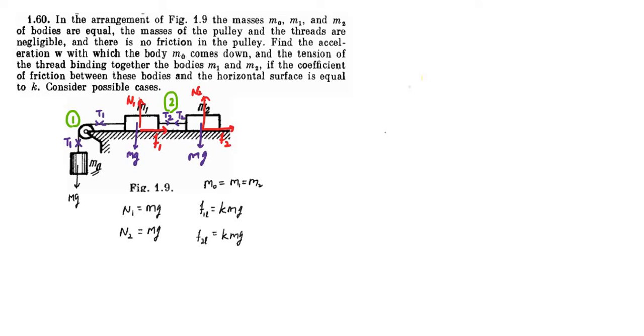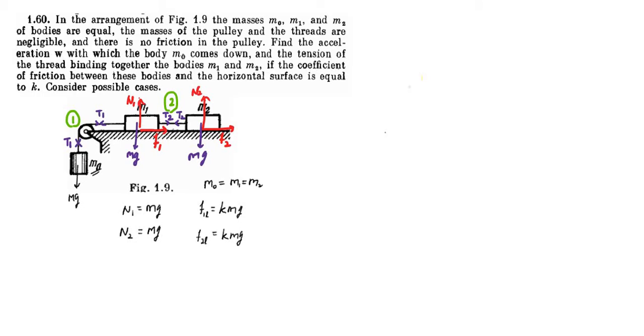M0 will pull the string 1, because of which tension T1 will appear in string 1. This T1 tension will then pull mass M1, which is opposed by the friction force F1. If the value of T1 is sufficient, the friction force between M1 and ground will reach its maximum.